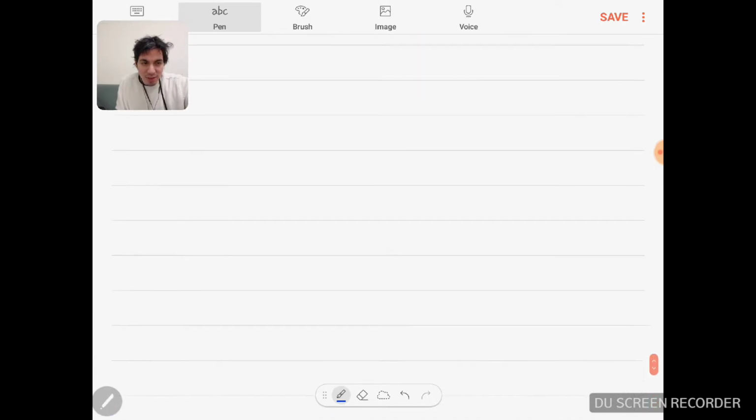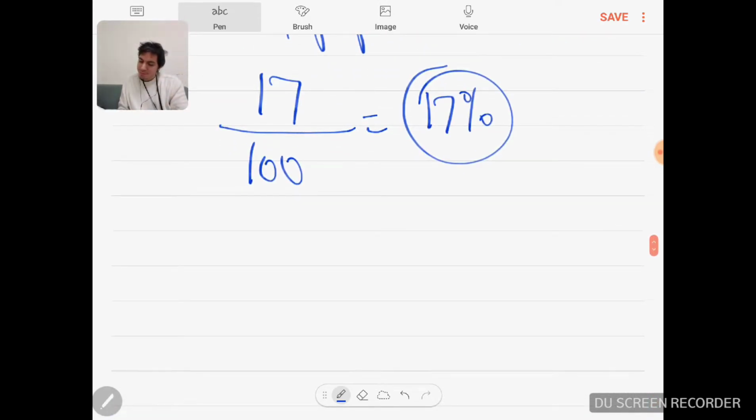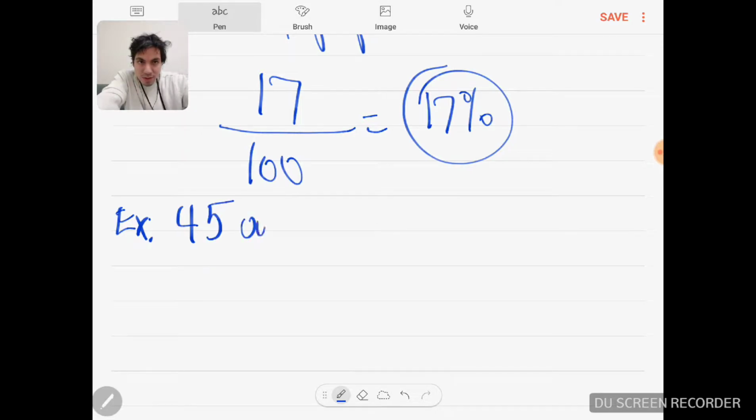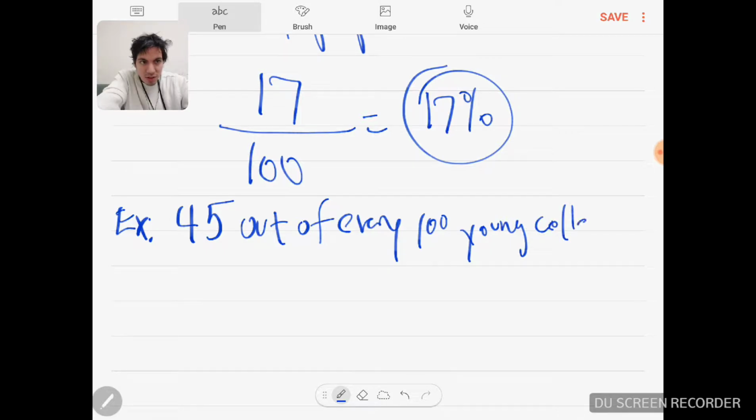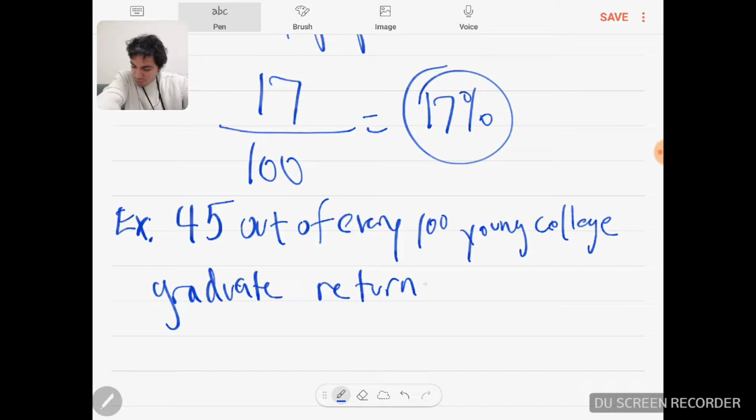Let's do another example. 45 out of every 100 young college graduates return home to live.